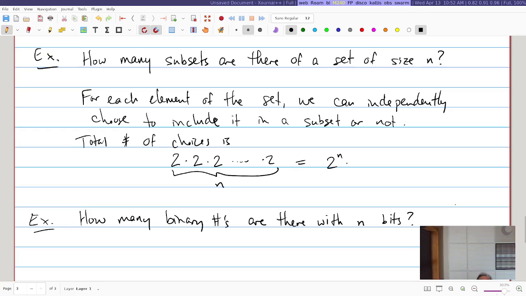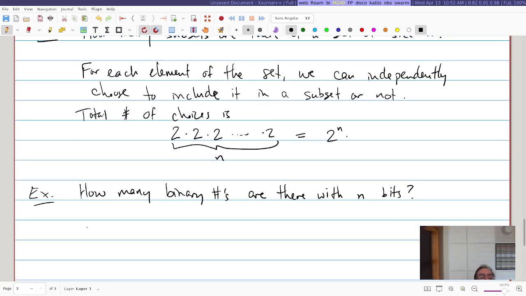And I think we did actually talk about this before, right? We could take each subset and identify it with a string of bits, where each bit, like 0 means that element's not in the subset, and 1 means it is in the subset. So like, with that set 1, 2, 3, 1, 1, 1 would mean I have all the elements. 0, 0, 1 means I only have the 3, and so on. So it's the same.